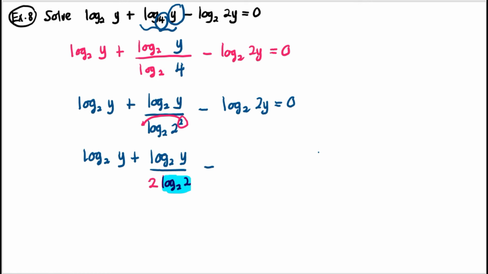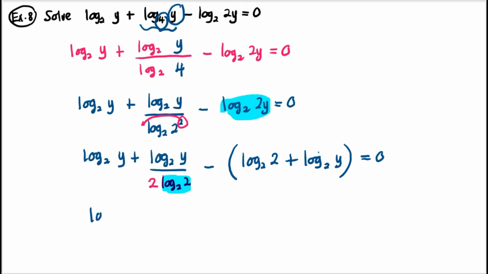So this one I can separate it. Let me just make it log base 2 of 2 plus log base 2 of y, because this is a multiplication, therefore we can separate it into an addition of 2 logs. So now this one is equal to 0.